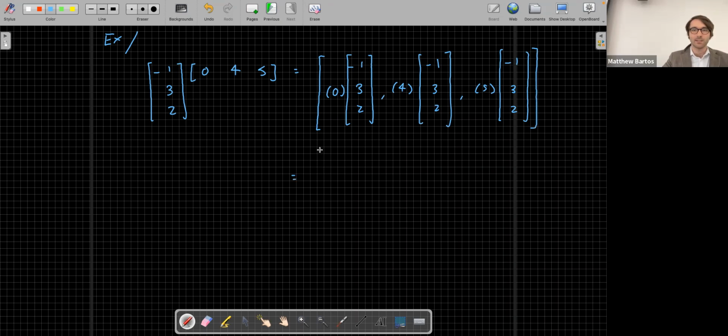What we get is: first row all zeros, 0, 0, 0; the next row -4, 12, 8; and the last row -5, 15, 10. Okay, so that is the outer product.